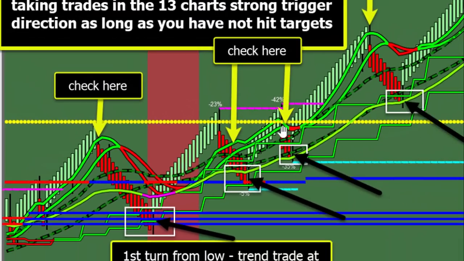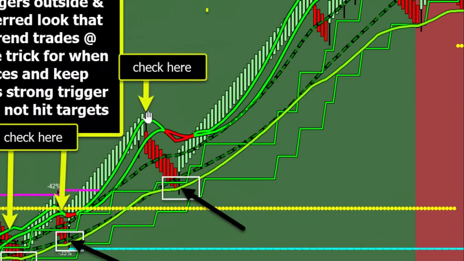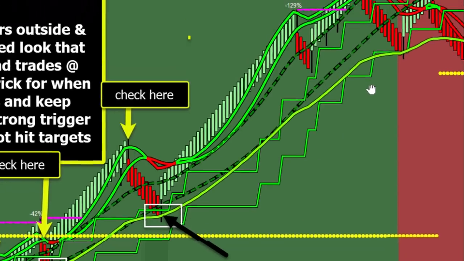And then if you have divergence at the high, you're going to check at the time you're getting in, where are my triggers? Where are my triggers in relationship to the large?